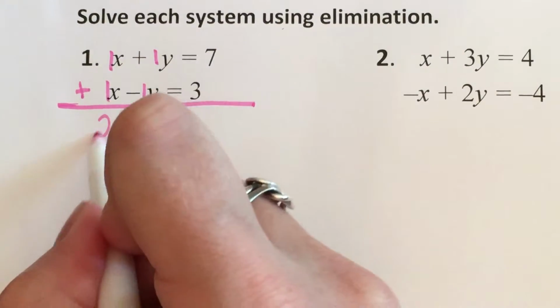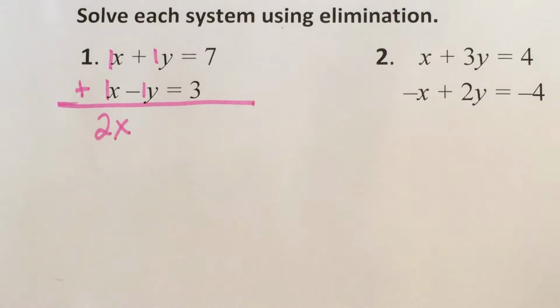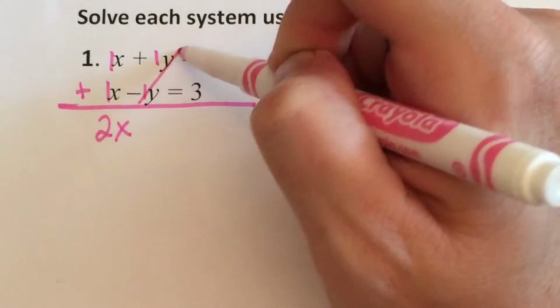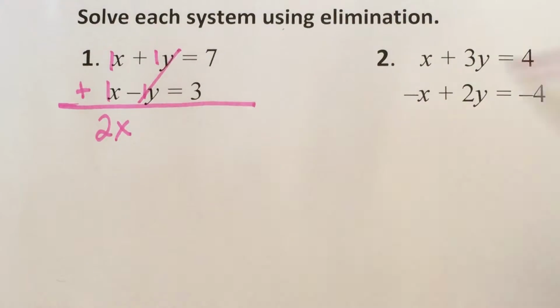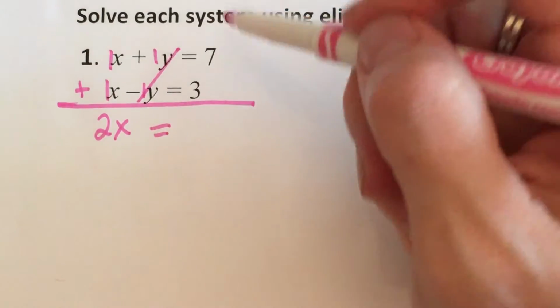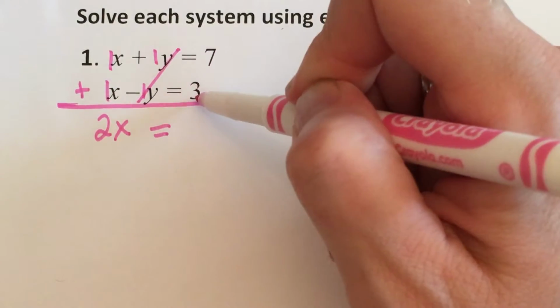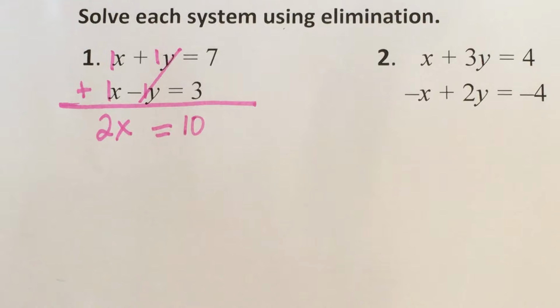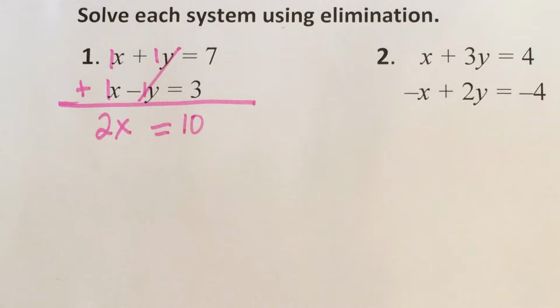Hey, that's 2 x's. 1y minus 1y. Oh, those cancel. That's great. Equals 7 plus 3, 10. Awesome.